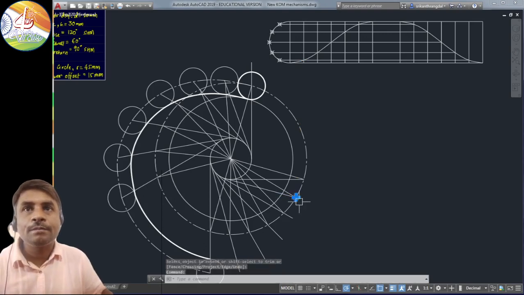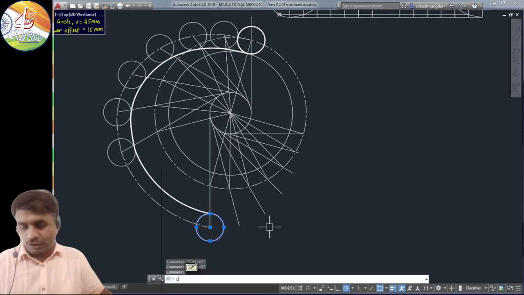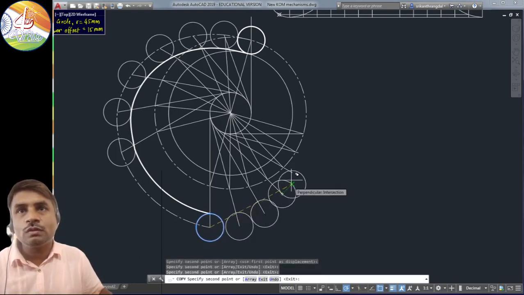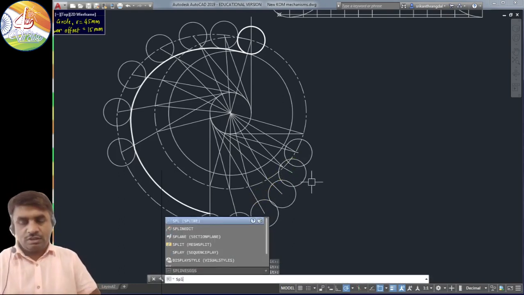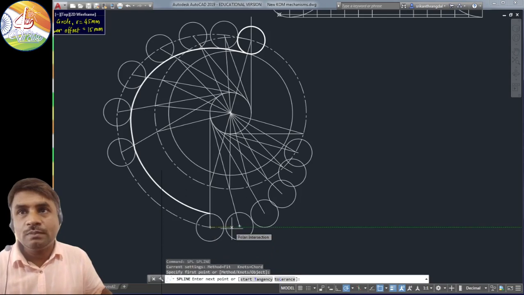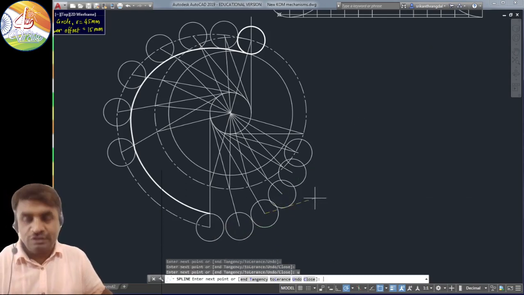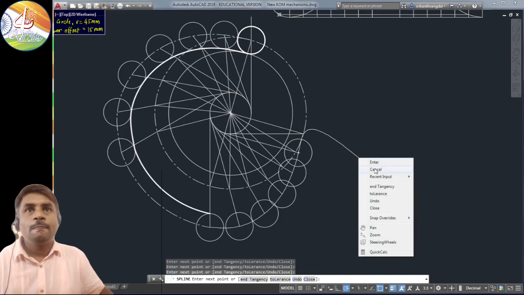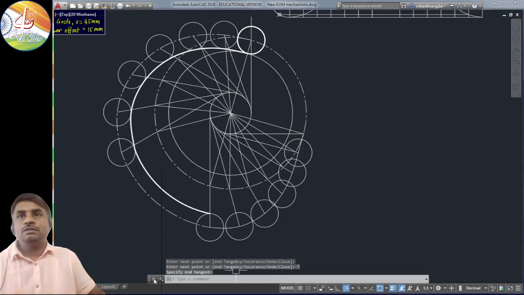So now we got all the points. Now we need to take the circle, the roller, and keep the roller at all these points. And once again, I'll take a spline passing through all the center points, the tracing points you can say, and we just need to keep it tangential like that.